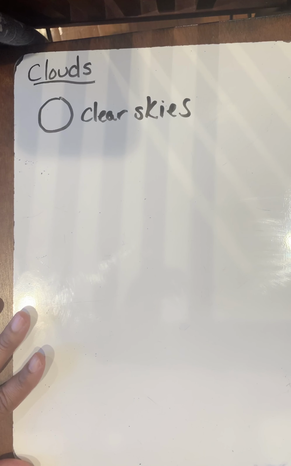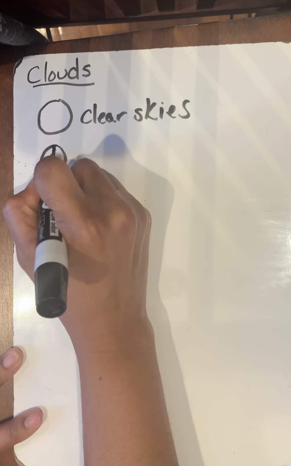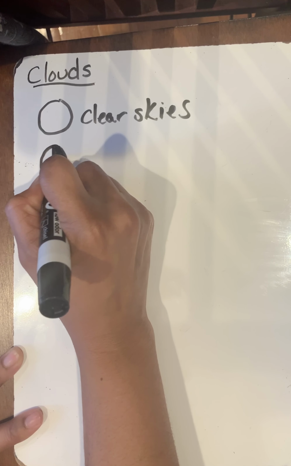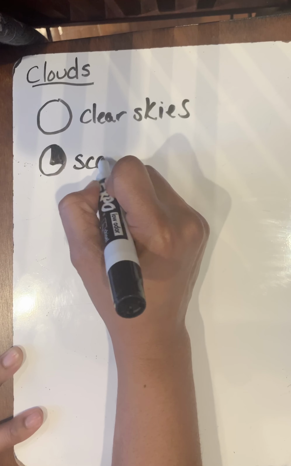Clear skies. No clouds in the skies. That's simple enough, right? There's nothing in there. To do something like this would mean maybe scattered clouds.